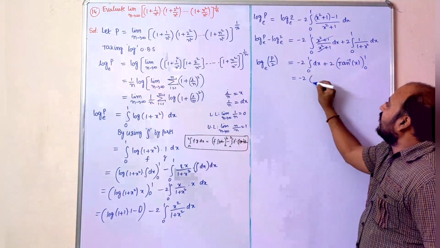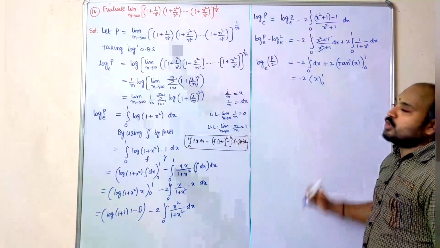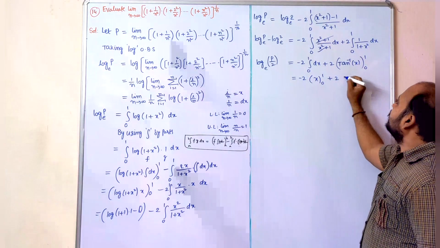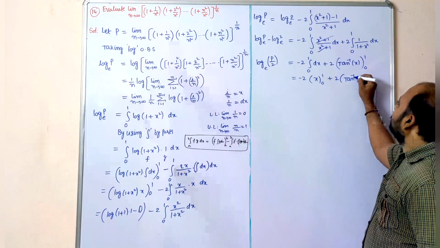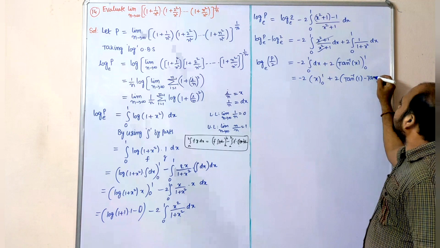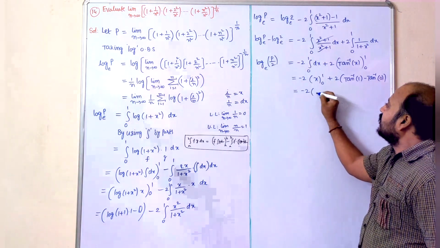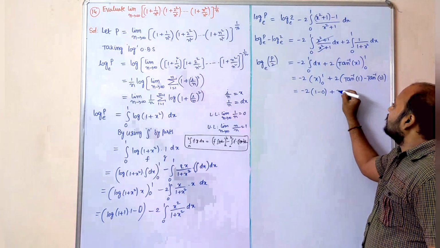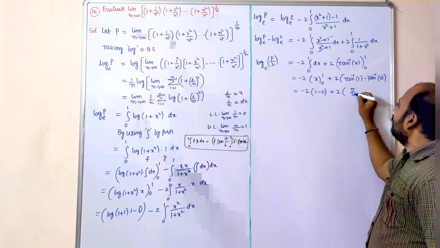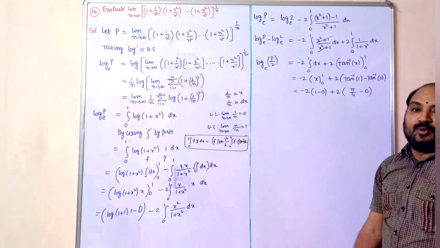So minus 2 into integral dx is x, applying the limit 0 to 1, plus 2 into tan inverse of 1 minus tan inverse of 0, that is equal to minus 2 into 1 minus 0 plus 2 into tan inverse 1 is pi by 4 minus tan inverse 0 is 0.